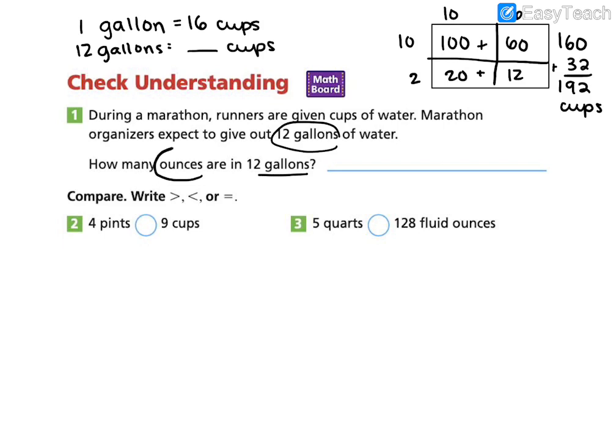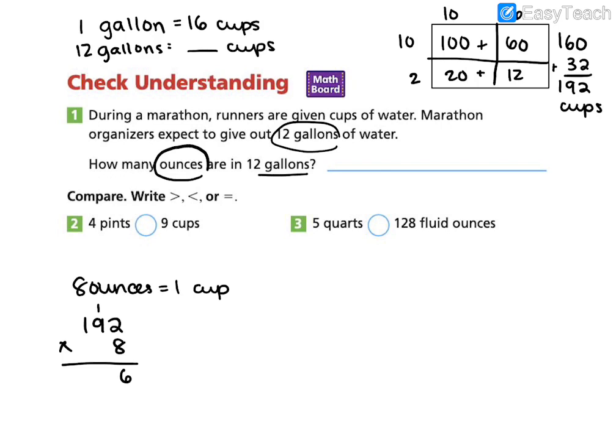But we aren't done yet because each of those cups is worth a number of ounces. If we look back at our previous problem, it tells us that there are 8 ounces in 1 cup. So now I need to multiply my 192 cups times my 8 ounces. I know 8 times 2 is 16.